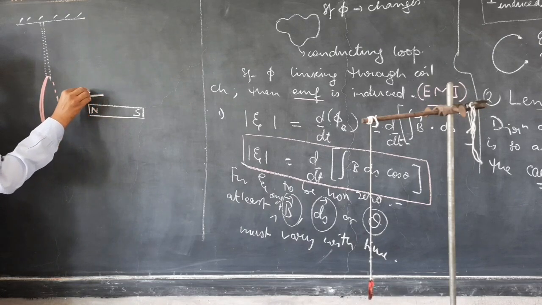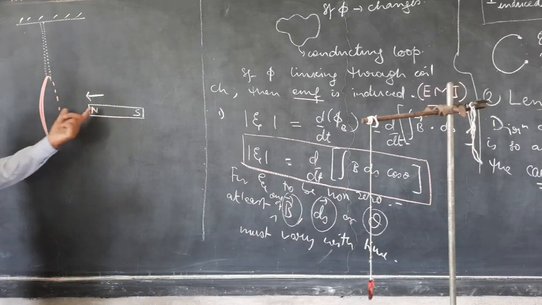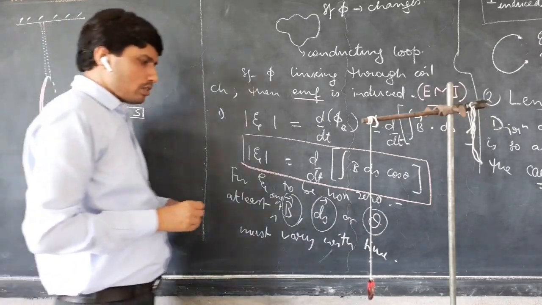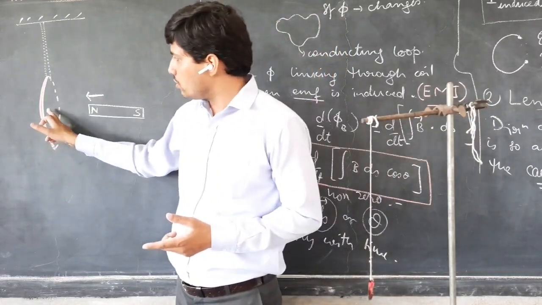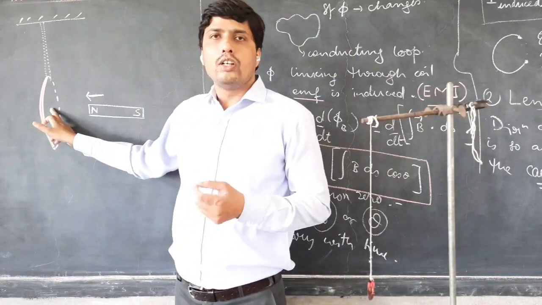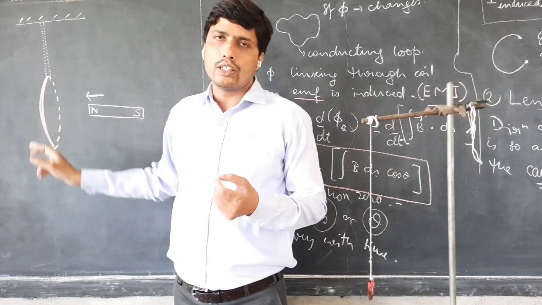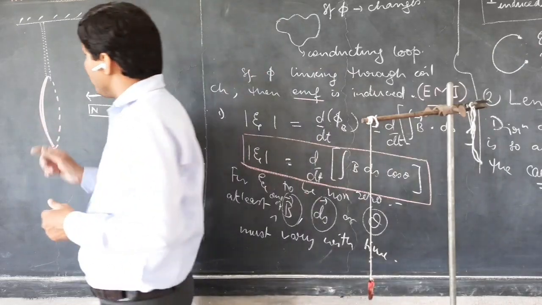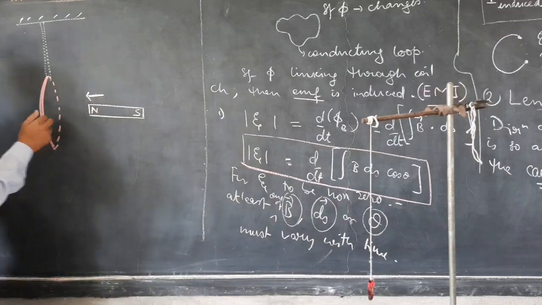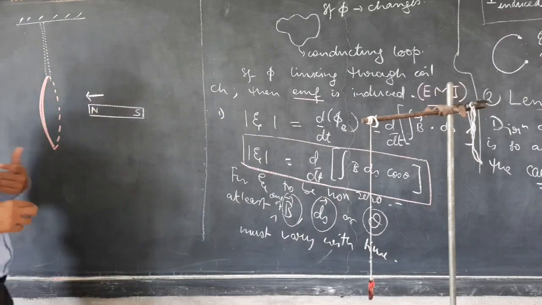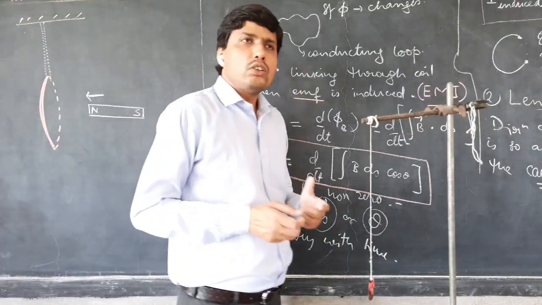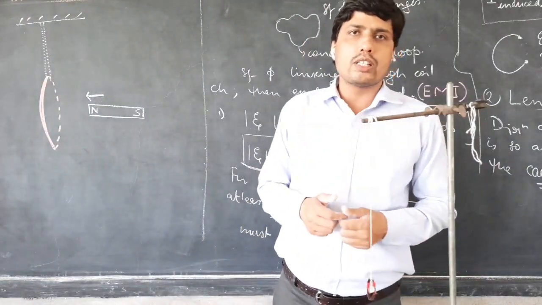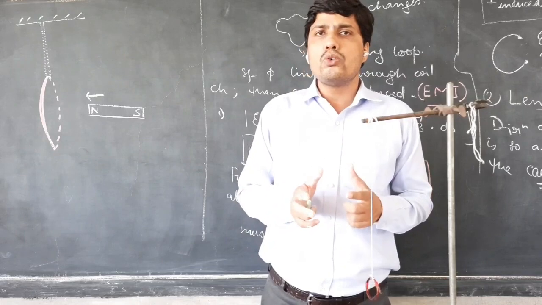When we bring this magnet, Faraday's laws suggest that there will be some change in magnetic field linking through this coil. So magnetic flux through this coil will change. Therefore, there will be some induced EMF. And because it forms a closed loop, there will be induced current. Now, how do we find the direction of induced current using Lenz's law? Lenz's law says that the direction of induced current should be so as to oppose it.